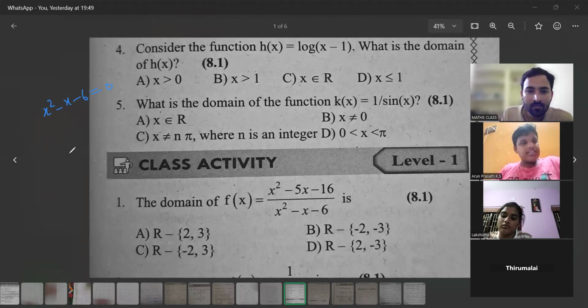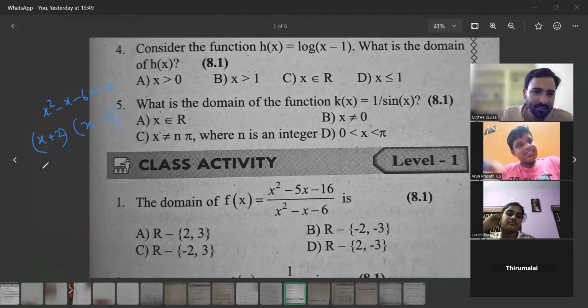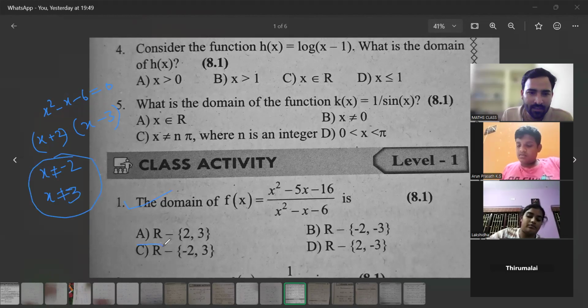You will get factors x plus 2 into x minus 3. That means x cannot be equal to minus 2 and x cannot be equal to 3. Except these two values, the expression is defined. So the domain is real numbers minus minus 2 and 3.